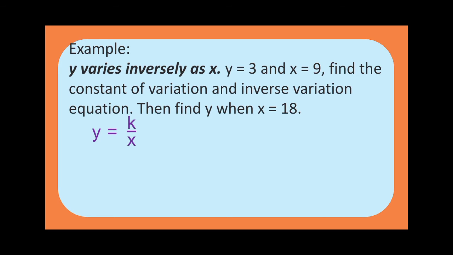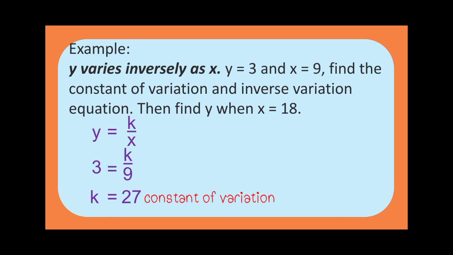So substitute lang natin ang value ng y and x in this equation. So we have now 3 is equal to k over 9. Then use cross multiplication. So k now is equal to 27. So the constant of variation is 27.